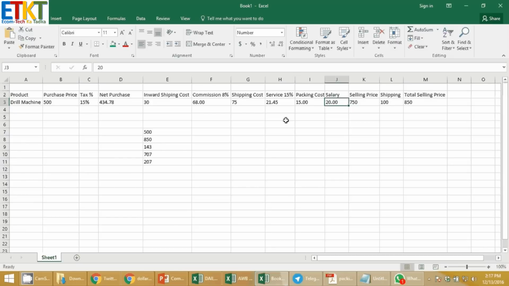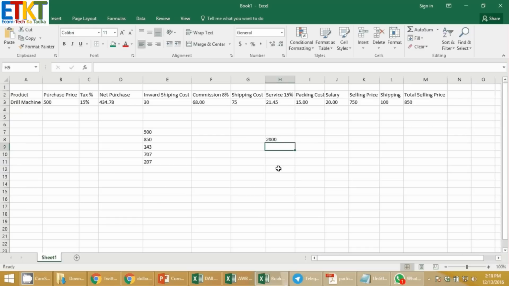Now it will be very wise to do the calculation based on the orders you get and the amount or the revenue for the total month. Now let's say if I'm generating 2000 orders in a month, okay, and I have 4 people in my team who are doing the packing and procuring the material.